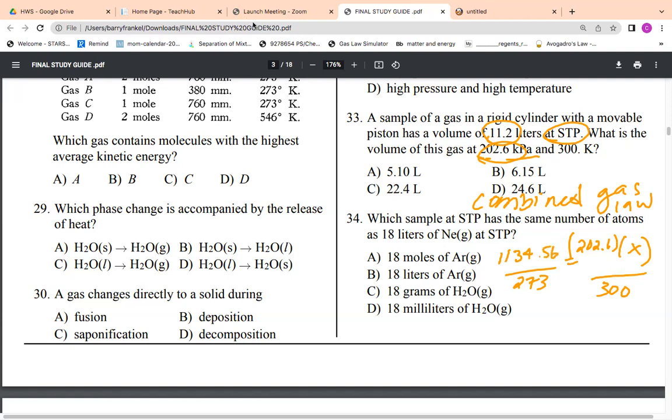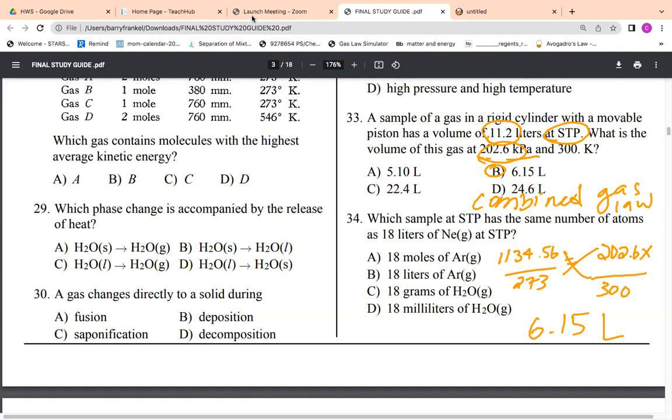And when we combine this, the other side is just 202.6x. Now you just go ahead and cross multiply. I'm going to do that right now on my calculator. And what did I get? I got 6.15. They're asking us for the volume, so it's going to be in liters. So we're going to go with choice B.